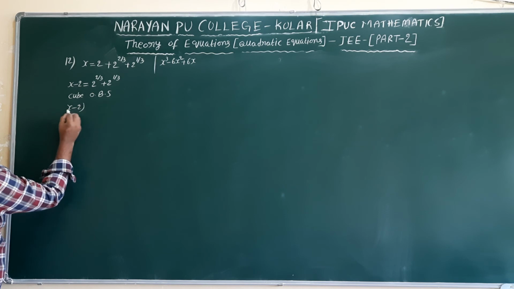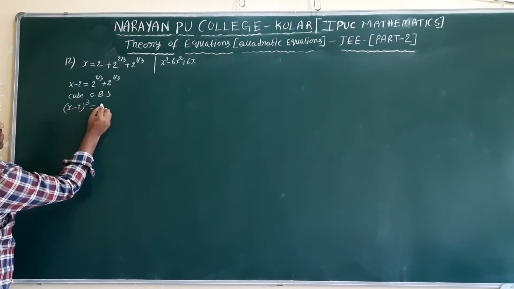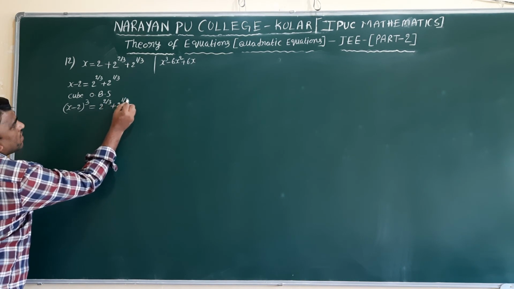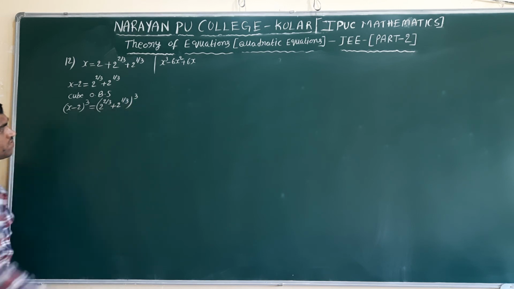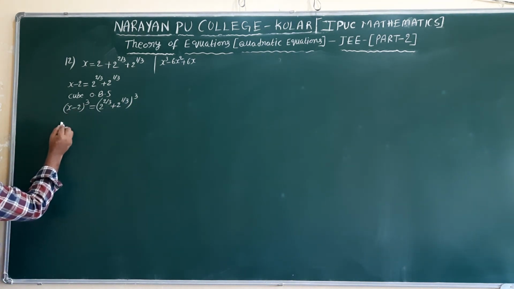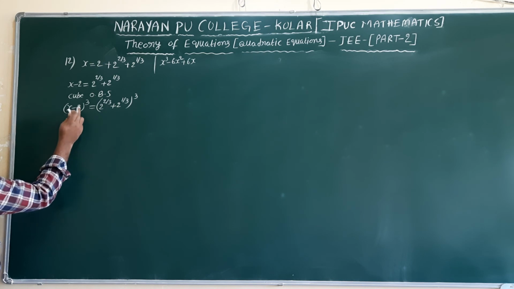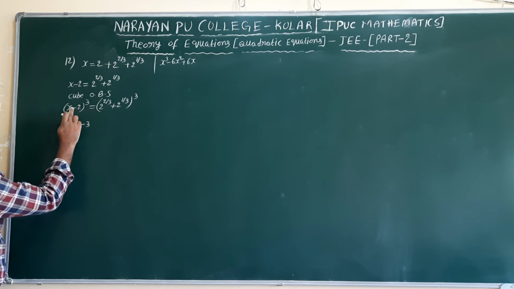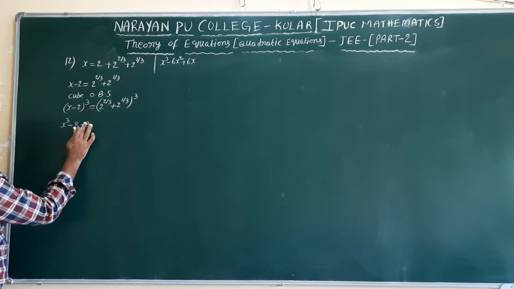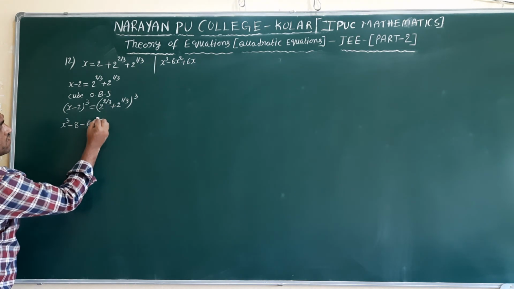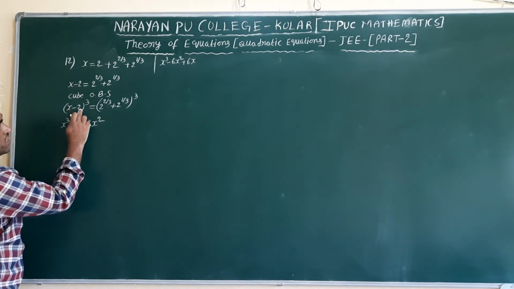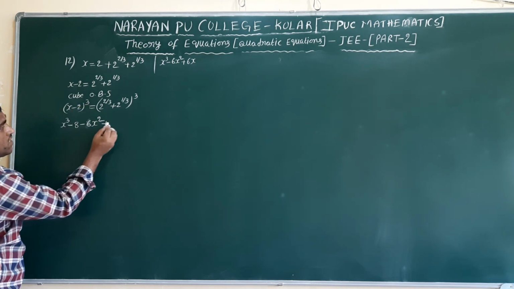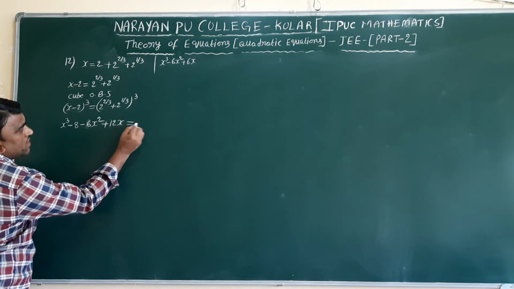x minus 2 whole cube is equal to 2 power 2 by 3 plus 2 power 1 by 3 whole cube. Left side is the a minus b whole cube form: a cube minus b cube, 2 cube is 8, minus 3a square b, 3 into 2 is 6x square, plus 3a b square, b square value 4, 4 threes are 12x.